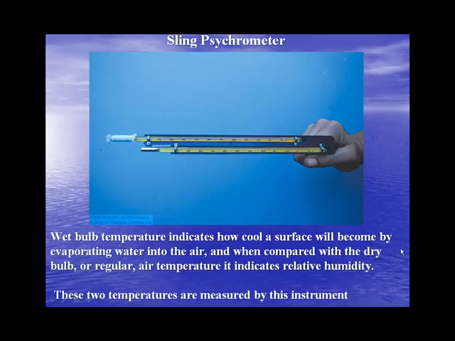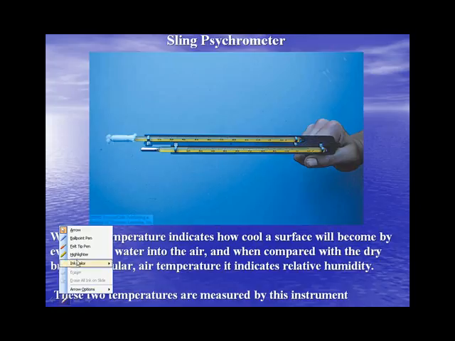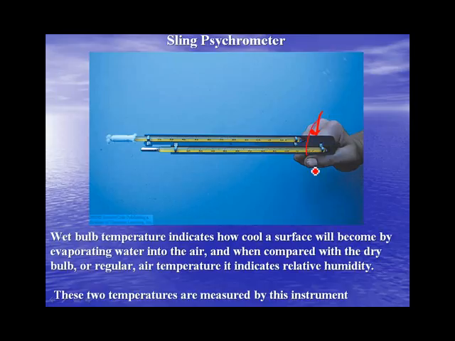Okay, this particular instrument called the sling psychrometer is a way of measuring the amount of moisture in the air. And let me just basically show you exactly how this works. We have a device here that rotates. In this particular case, it can rotate like this or like this, clockwise or counterclockwise.